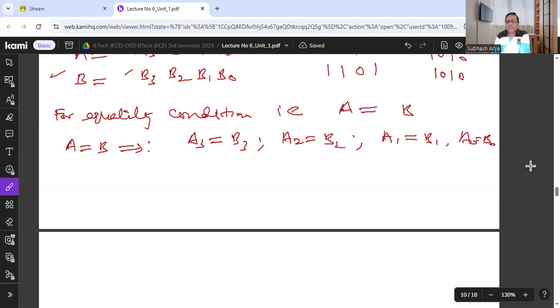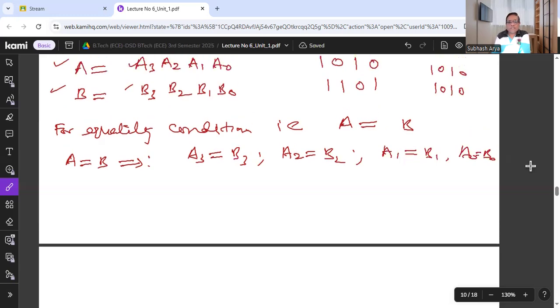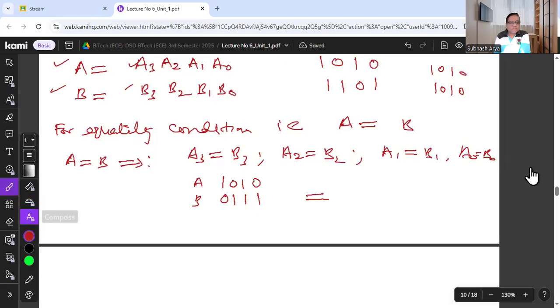Even we can take an example, suppose 1 0 1 0 and I take 0 1 1 1, that is the number A and this is the number B. Here if we start comparing this most significant bit, A3 is greater than B3.